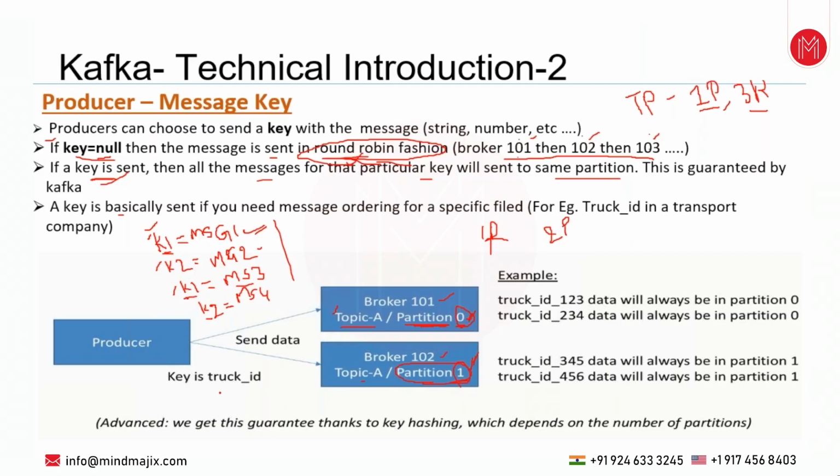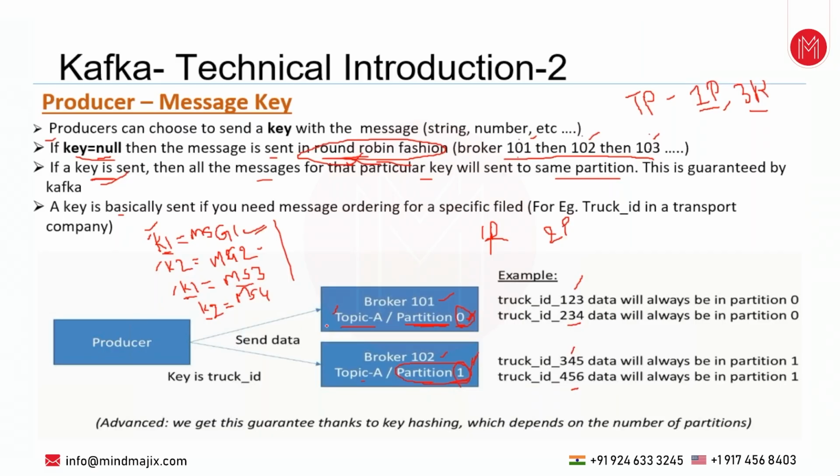If you see the example here, let's assume we have a transport company with 4 trucks, and these trucks do transportation. Let's assume the trucks have truck ID 123, truck ID 234, truck ID 345, and truck ID 456, total 4 trucks.